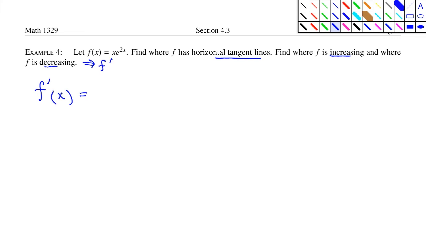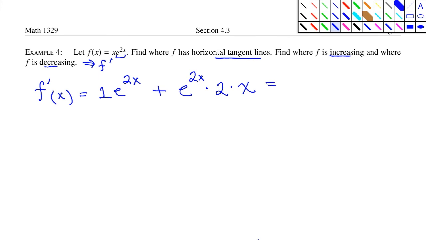And it's a product rule with a chain rule again. So the derivative of the first is 1 times the second unchanged, e raised to the 2x power, plus the derivative of e to the 2x power, so that's e to the 2x times 2 times the first unchanged.